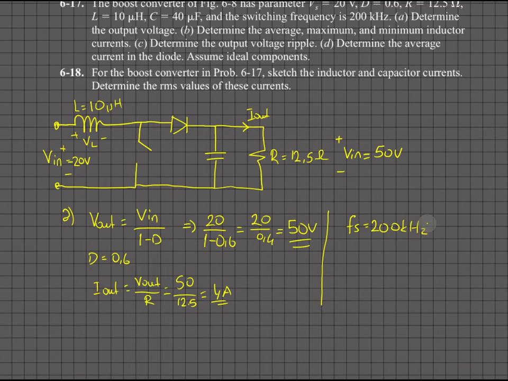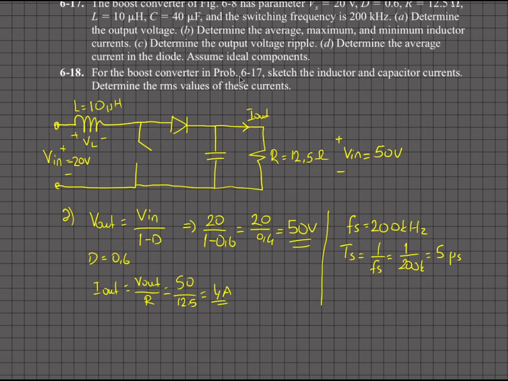So it is really turned on and off at a fast speed. So our TS is equal to 1 over fs. TS is the total period, so it is 1 over 200k, which is 5 microseconds. So 1 cycle is completed in just 5 microseconds.